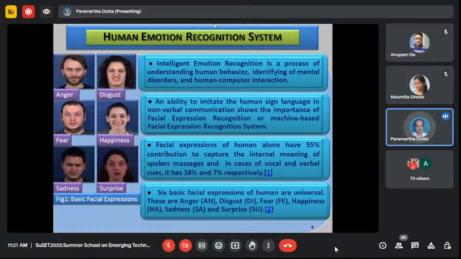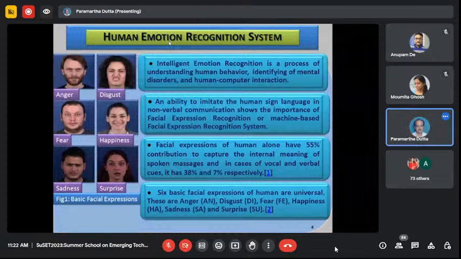So apart from neutral, which is always there, these are the 6 basic facial expressions we encounter as per the most popular facial expression literature.